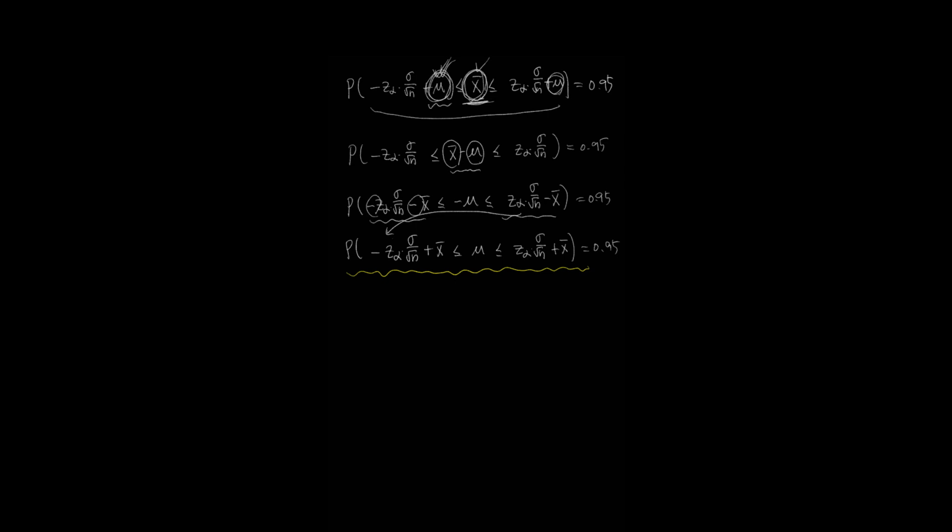So we made the inequality focused on mu from the inequality which focused on the X bar, because we are interested in the parameter of the population. So this is what it actually means, why the confidence interval looks like this.